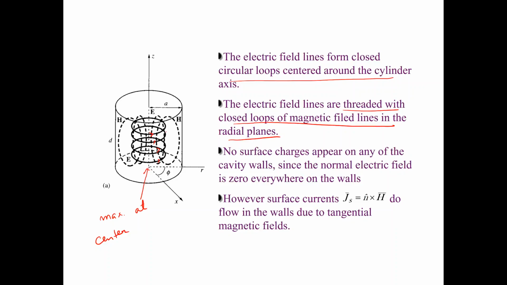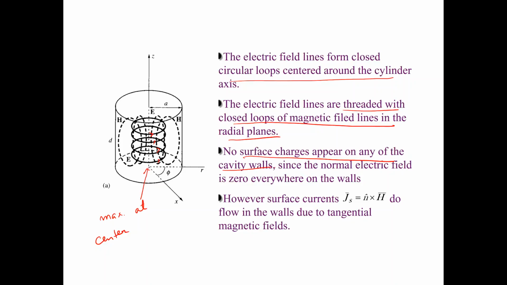Again, if you notice, there is no perpendicular direction of electric field. There's no direction of electric field which is hitting the wall plates perpendicularly. So there's no surface charges which appear on any cavity walls. There's nothing which is hitting the cavity walls at 90 degrees.